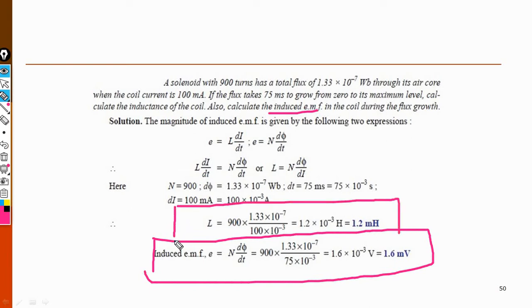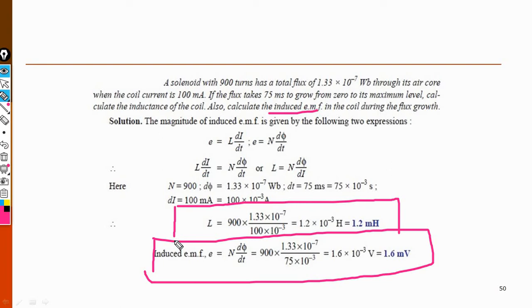Now this is a very simple problem, in which we first need the magnitude of induced EMF with respect to inductance and with respect to the number of turns. This is a very simple problem based on self-inductance. This is the concept of self-inductance.